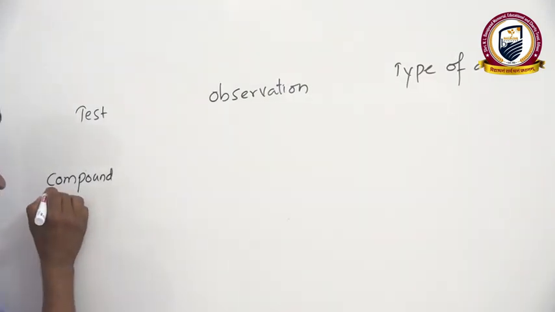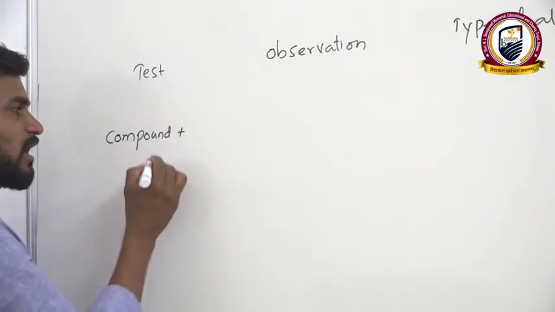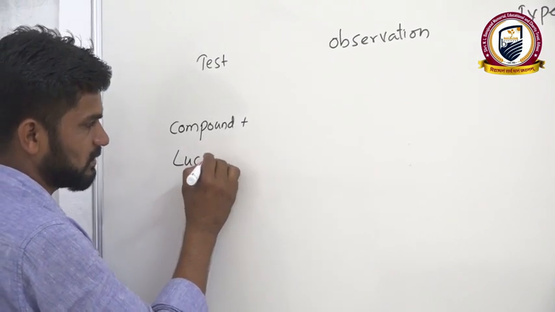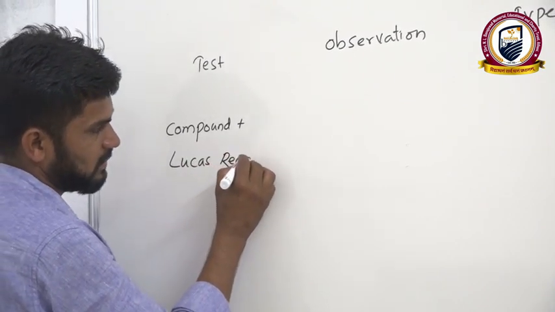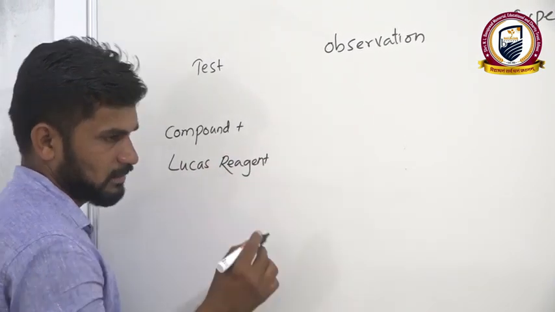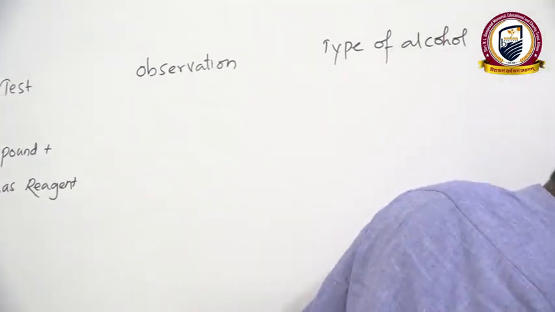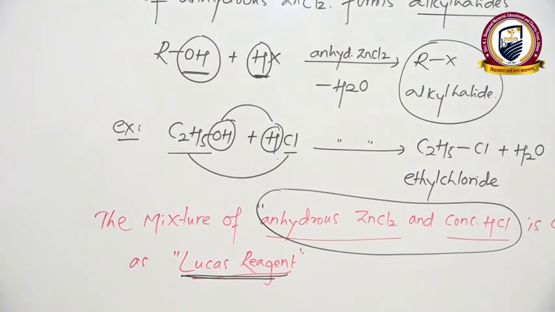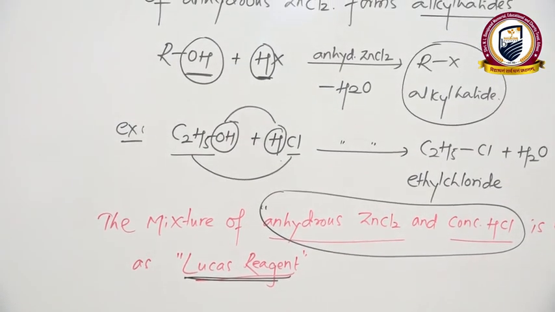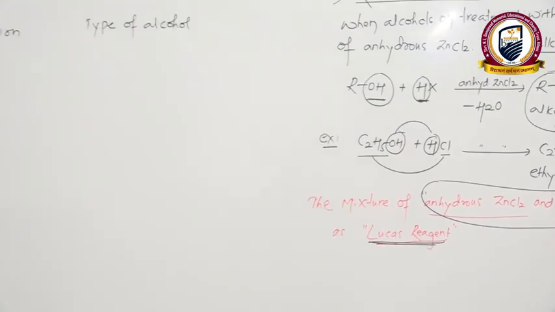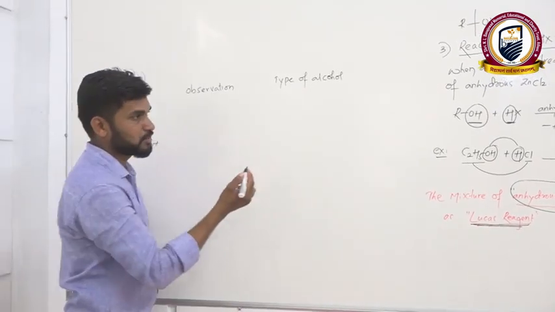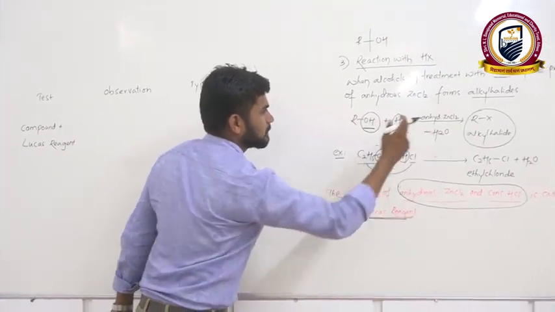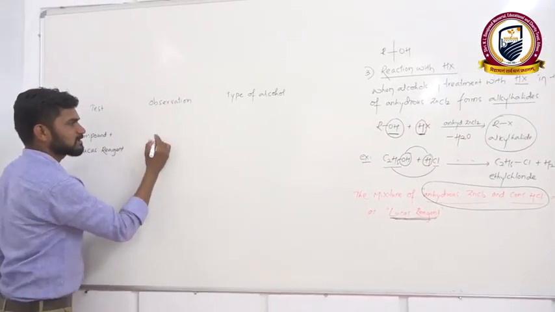That is called the compound, plus we have to add what? Lucas reagent, as I have told you, which is a mixture of ZnCl2 and concentrated HCl. So when the compound is mixed with Lucas reagent, there is a formation of alkyl halide. So that alkyl halide, we take it as turbidity.